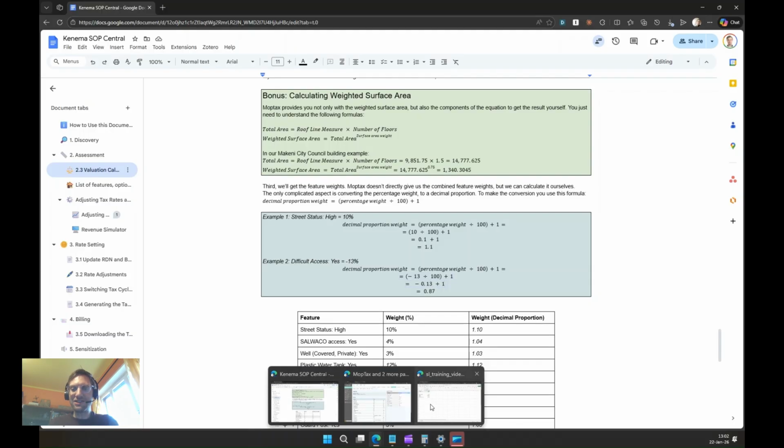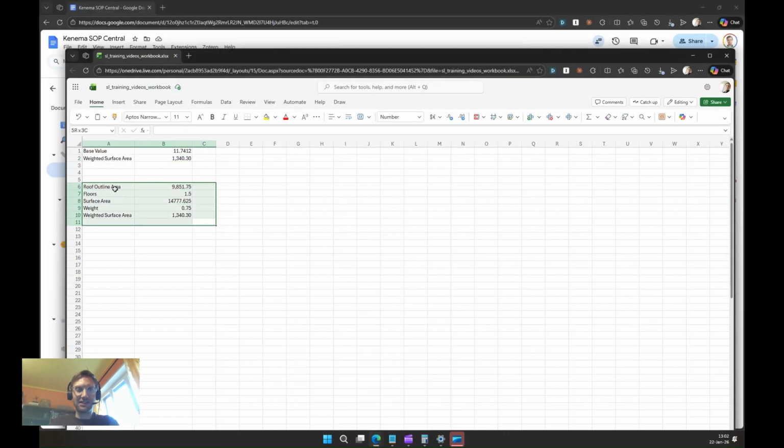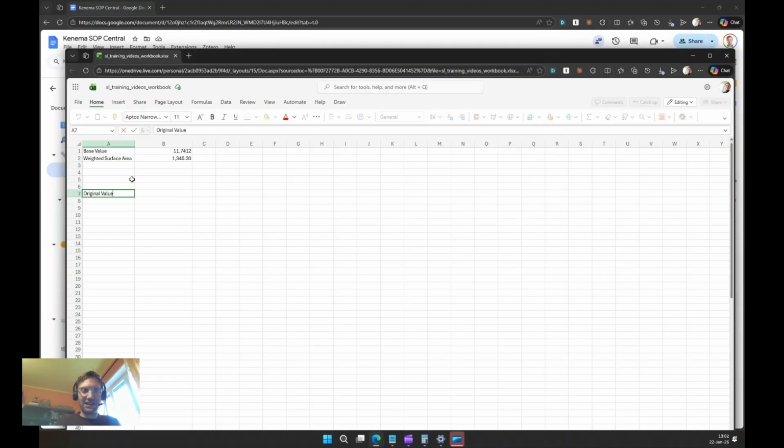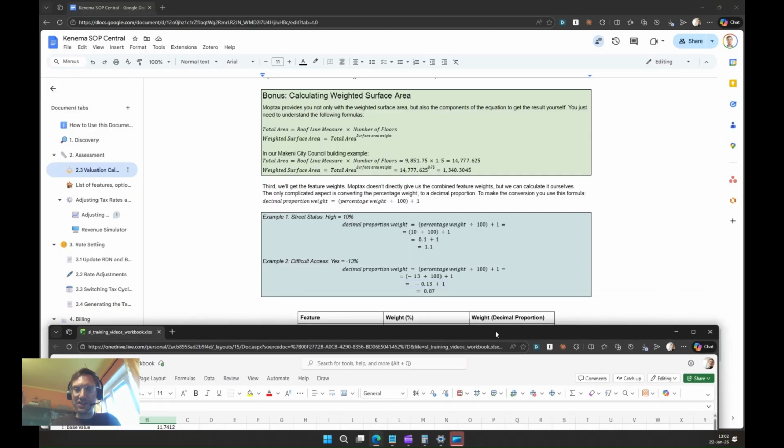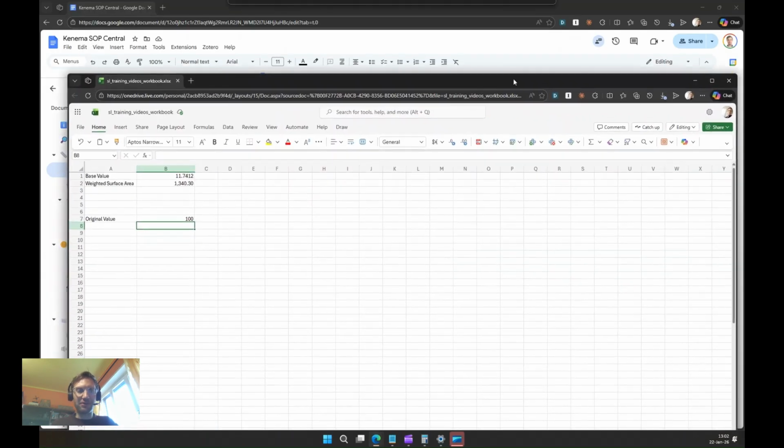And the intuition behind this is, let's say you have a property with an original value of 100. And let's say you change the street status to high for that property. So that property has to increase in value by 10%, right? The weight of the high value street is 10%.